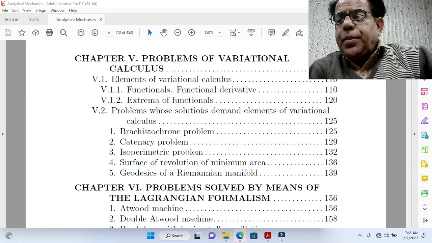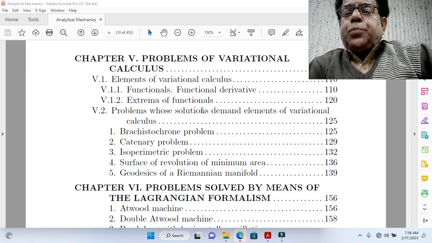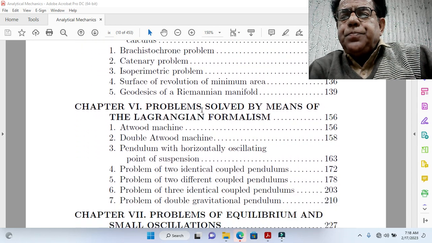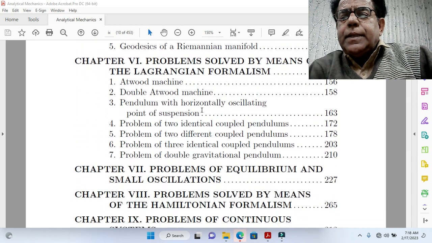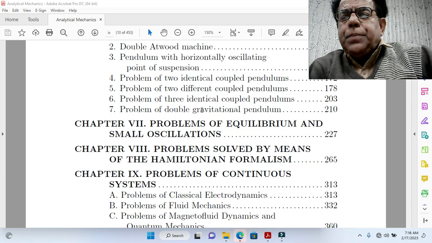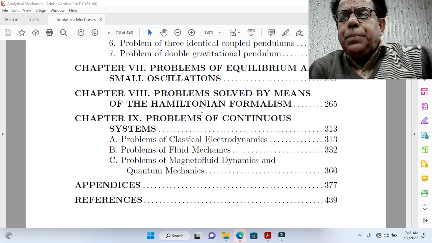Chapter number 7 is problems solved by means of the Lagrangian formalism. Chapter number 8 is problems of equilibrium and small oscillations. Chapter number 9 is problems solved by means of the Hamiltonian formalism. Chapter number 10 is problems of continuous systems, and then the appendix begins.